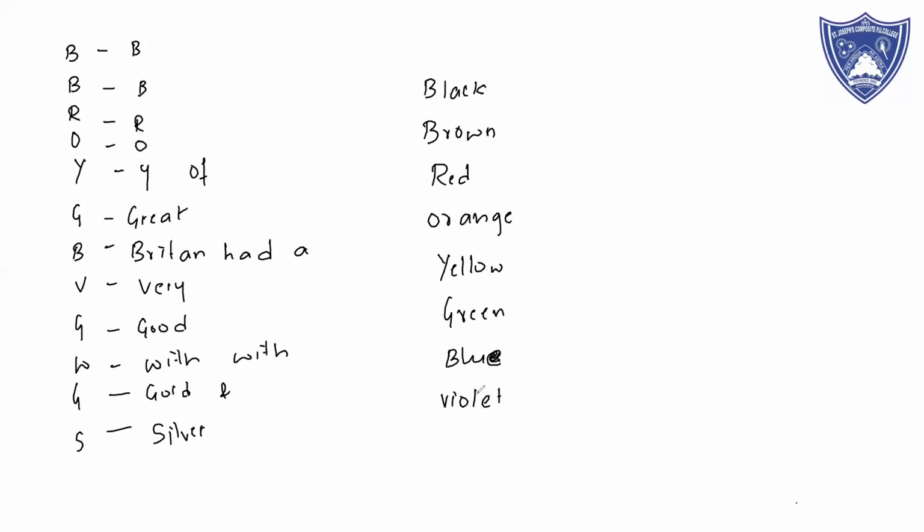Try to use the chart, practice using the chart. As you keep on practicing, you can easily code the resistor when you take it in hand. When I was doing my master's and my degree, by seeing the resistor we used to do this color coding directly, because it was printed in our head, like what comes after what and what are the values, and we would multiply and directly get the values. But for you, it's the beginning.